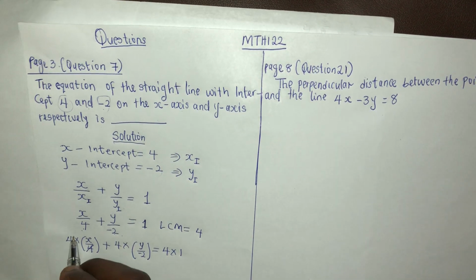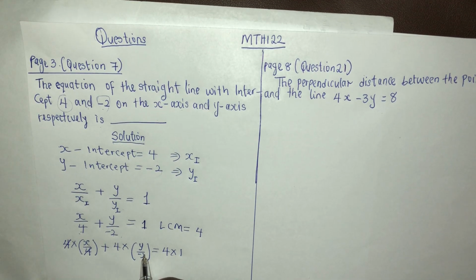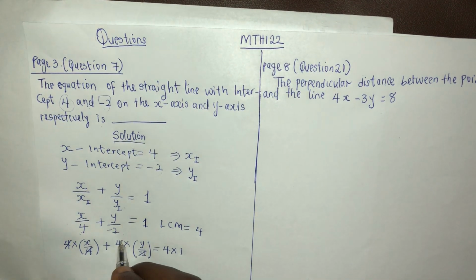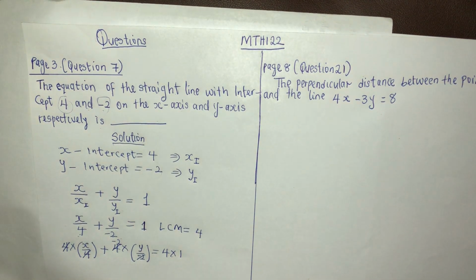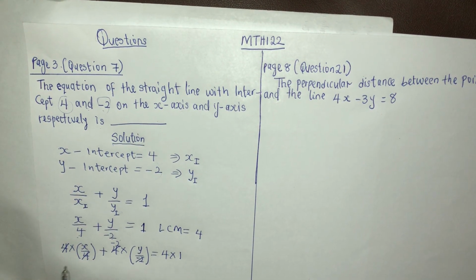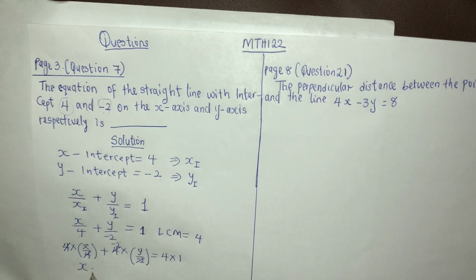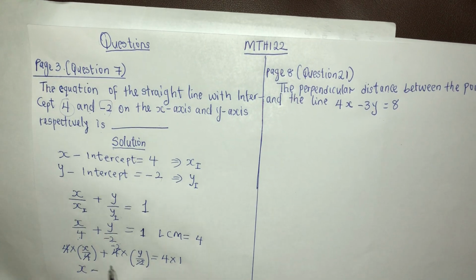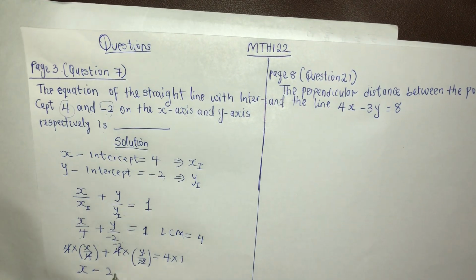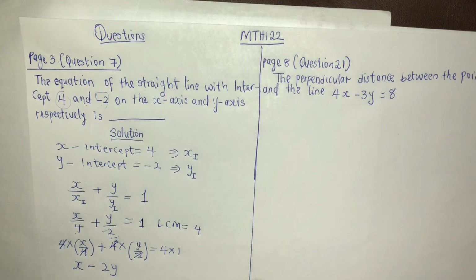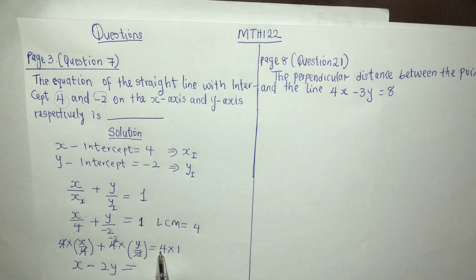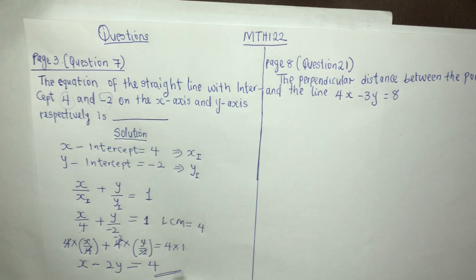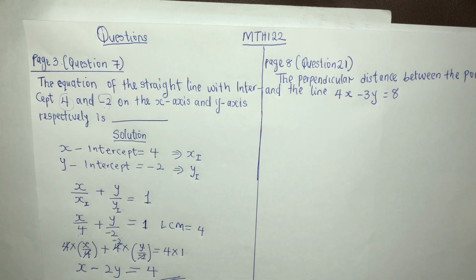Definitely 4 will cancel 4, and 4 divided by minus 2 leaves minus 2, right? So we have x plus minus 2 times y, which is minus 2y, equals 4 times 1, which is 4. Here is our final answer. So let's move to the next question.